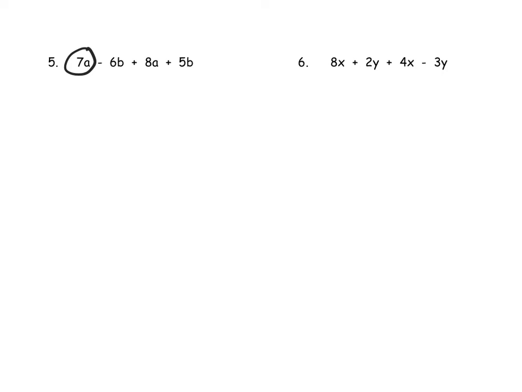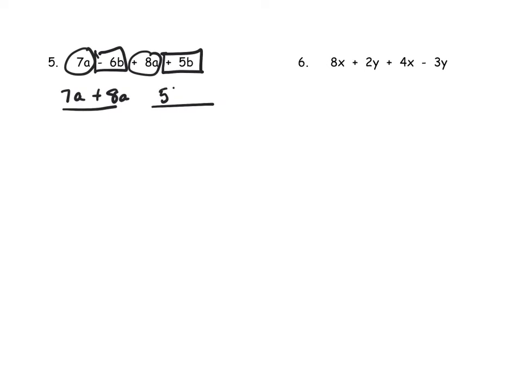Can you tell me what's like it? If you said positive 8a, you're correct. So we have 7a plus 8a. Those are like terms. So next, if I decided to gather up 5b, what is like 5b? If you said negative 6b, you're correct.